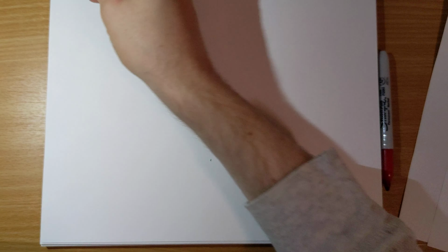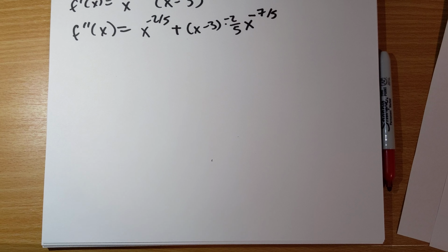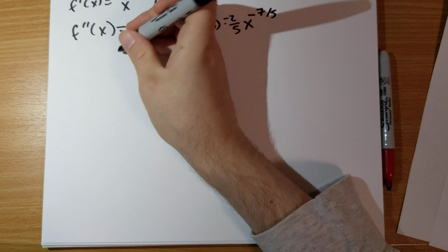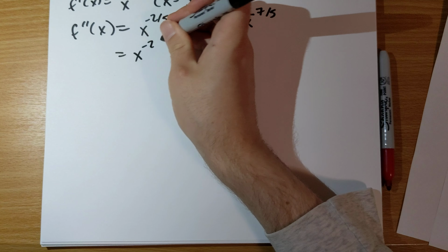So the second derivative here, product rule: this times the derivative of this is x to the negative 2/5, plus x minus 3 times the derivative of x to the negative 2/5, which is negative 2/5 times x to the negative 7/5. Okay, so how are we going to manipulate this?